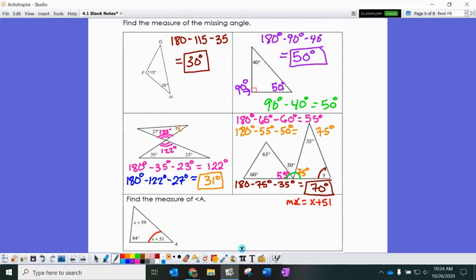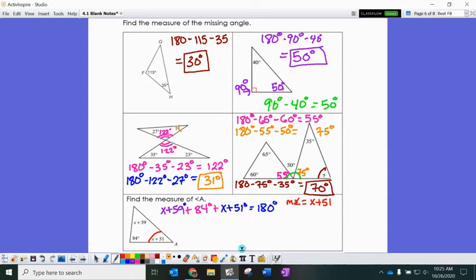That's what we're talking about today, right? So that tells me those three angles, x plus 59 plus 84 plus x plus 51, those three angles together equal 180 degrees. So let's solve that equation for x.